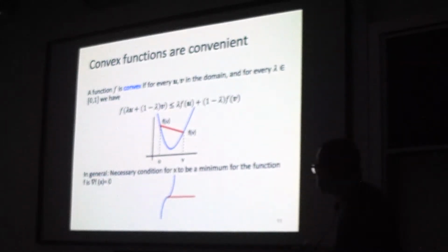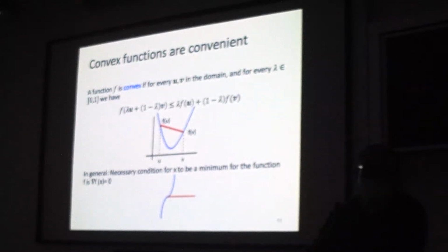In other words, the gradient being 0 is just a necessary condition for you to find a function minimum. If your function has a minimum x, the gradient must be 0. However, you cannot assume vice versa. A point whose gradient is 0 is not necessarily a maximum or a minimum.